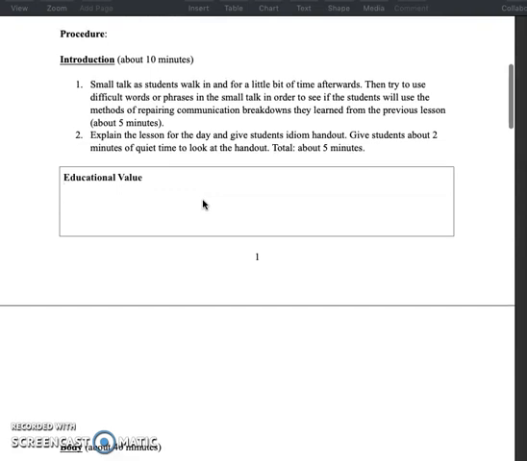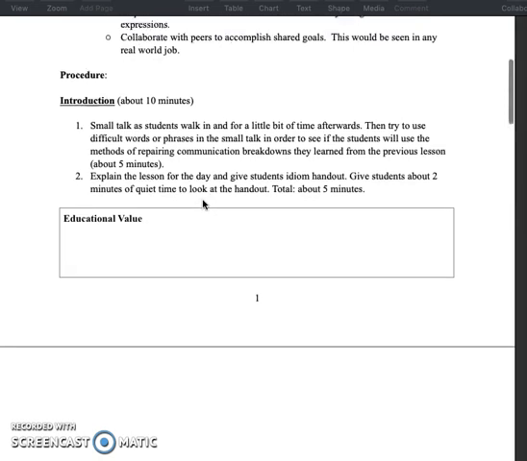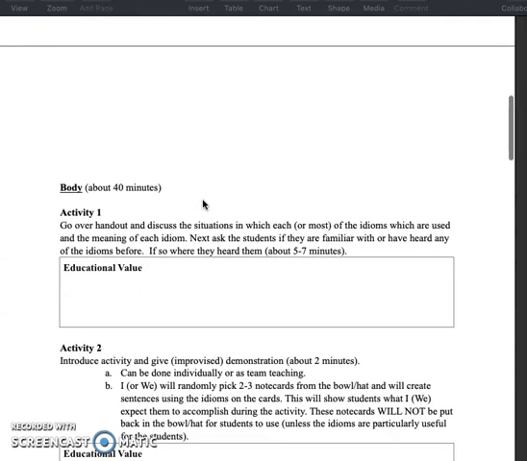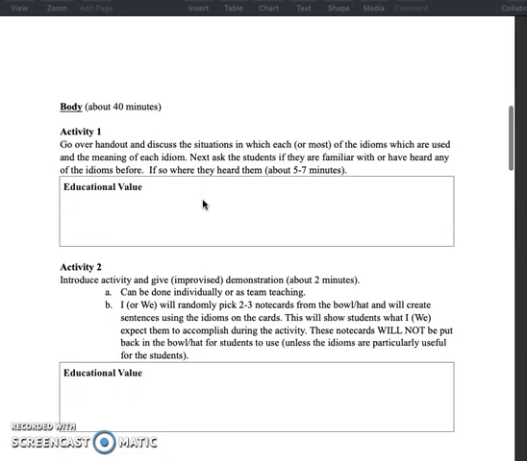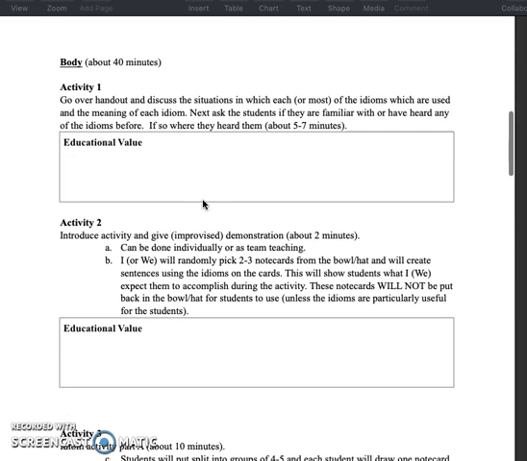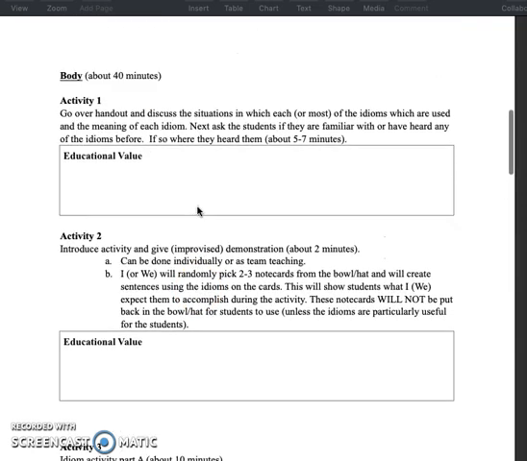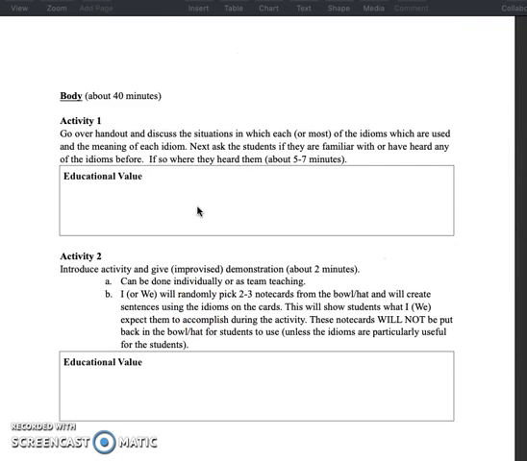And then another thing is on the activities. I definitely see a lack of variation in this lesson. And again, it's just not clear on who's doing what in the classroom.